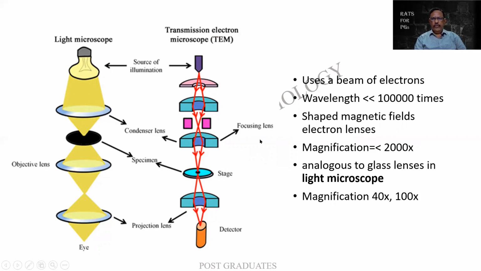In a case of a TEM, a transmission electron microscope, you find that the beam of electrons happens to be the source of energy. And it breaks up into multiple electrons, which are well controlled by the cathode. And this helps in the focusing of these rays.